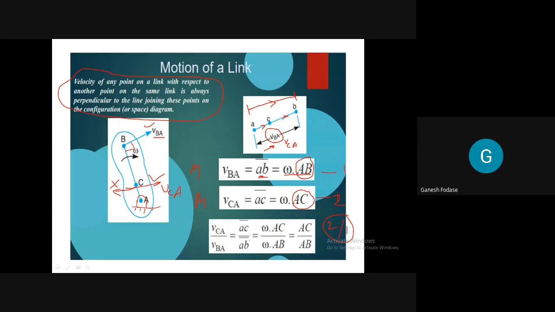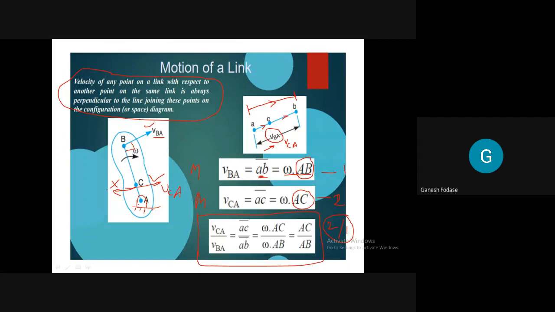What you obtain here is AC upon AB is equal to this. So what do we conclude from this equation? What do you understand from here? Just conclude, please. That C divides the velocity vector in the same ratio. C divides the link. Very good.